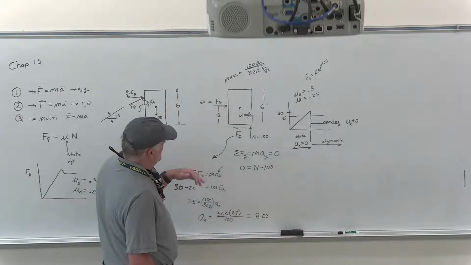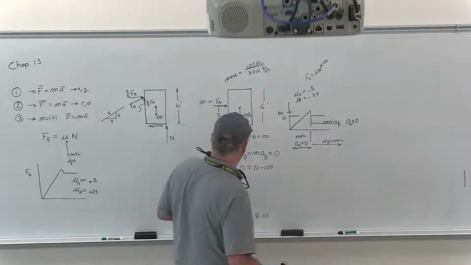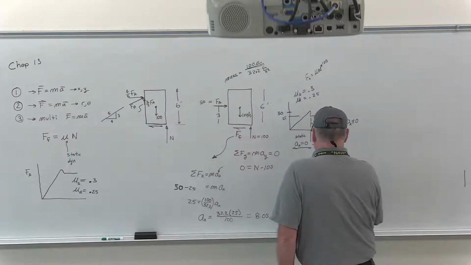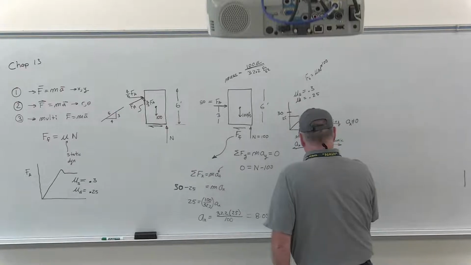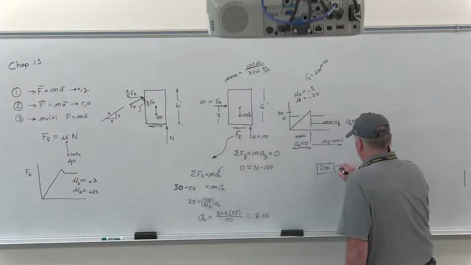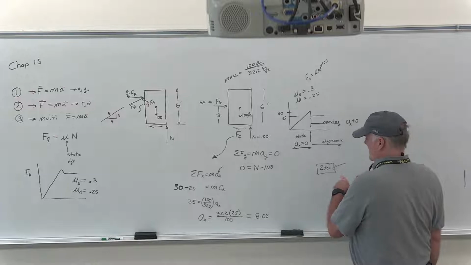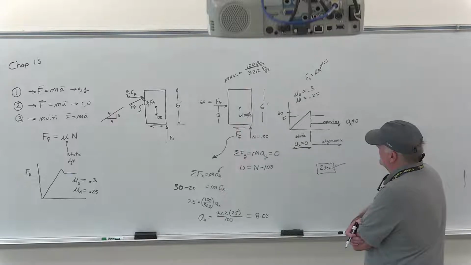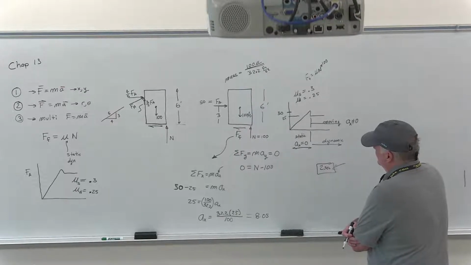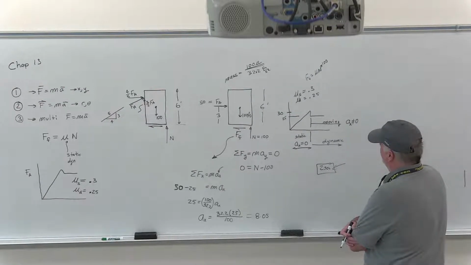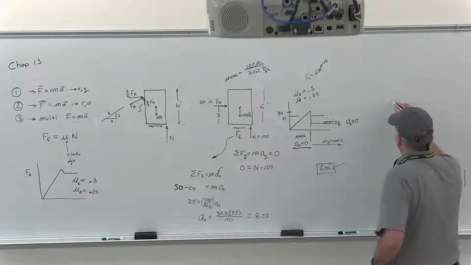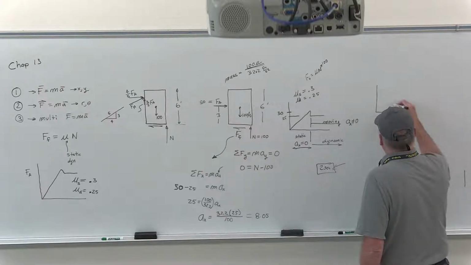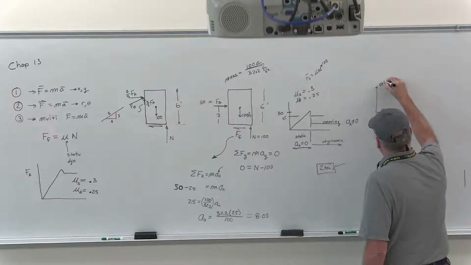So then somebody may ask the question, okay, after you push it for 2 seconds, how far did it go? So let's say in 2 seconds, after you put your 50 pounds, how far did it go? What's funny is there's the assumption in these problems that things occur instantaneously, like here's my time, and all of a sudden I got 50 pounds.